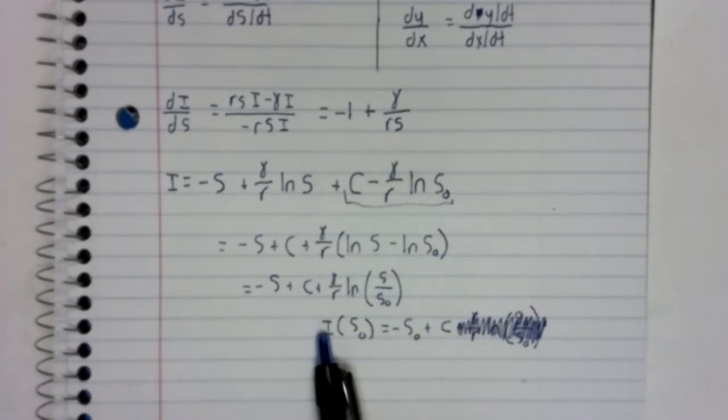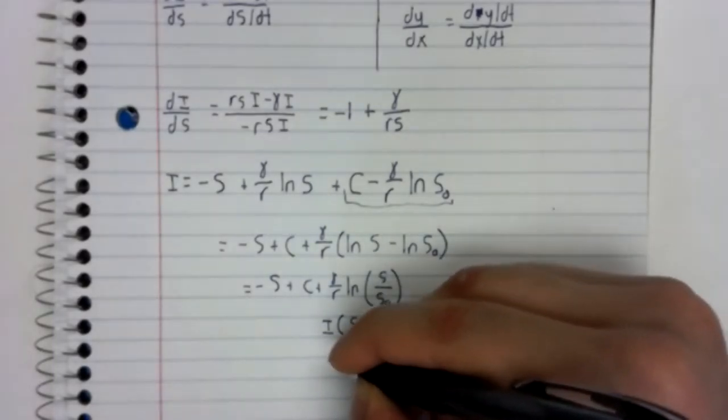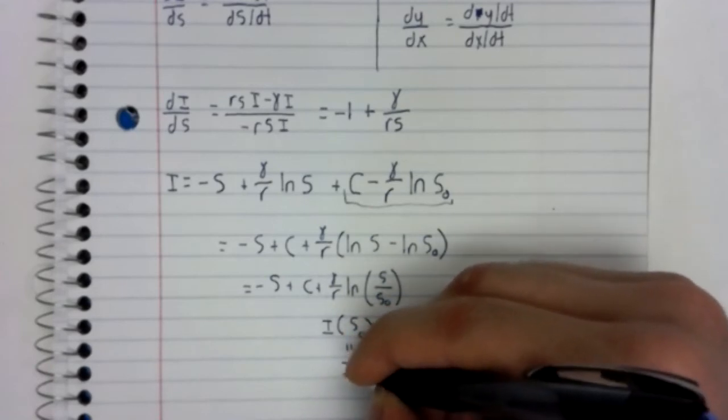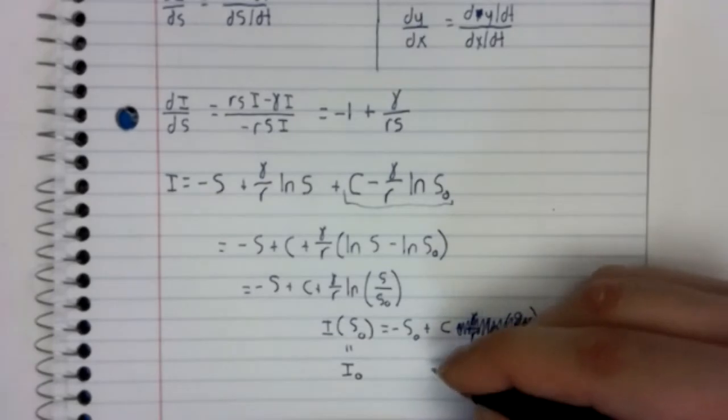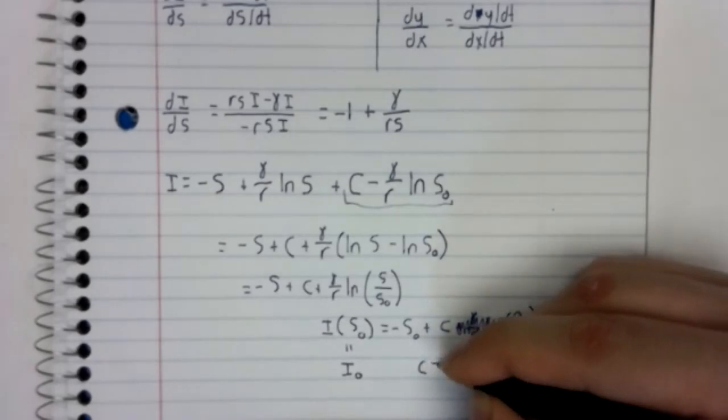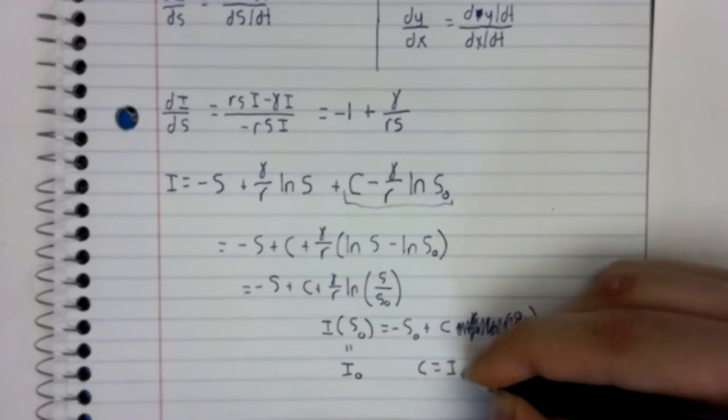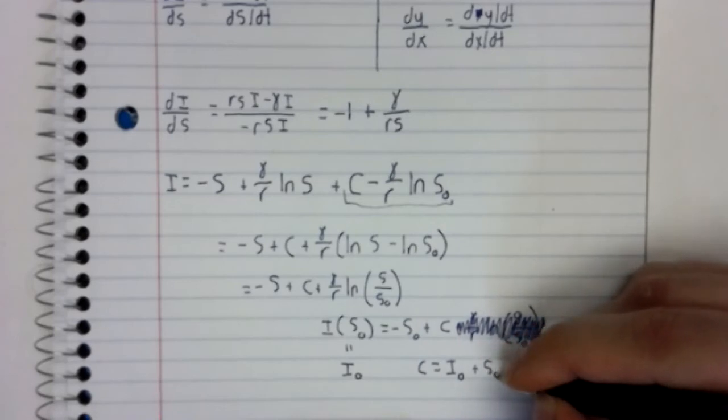So the number of infected individuals, when there are S sub 0 susceptible individuals, is the number of infected individuals at the start of the outbreak. So C equals I sub 0 plus S sub 0.